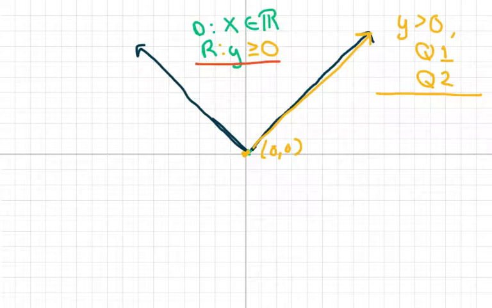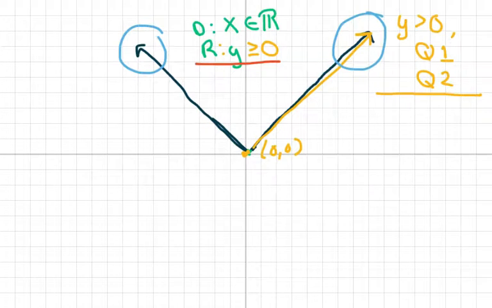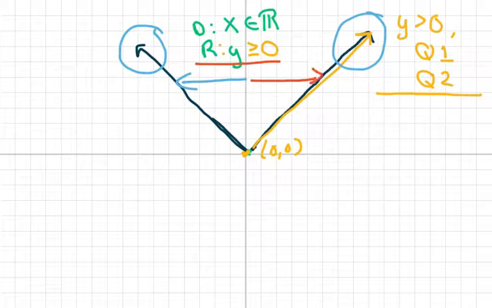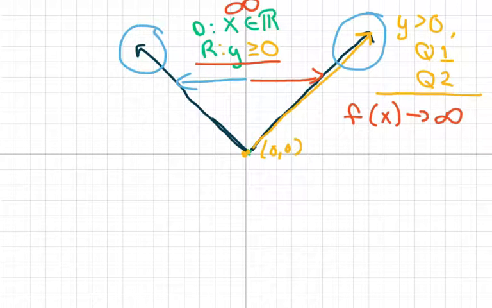All right, let's discuss the end behavior. What we're talking about is we're looking at the ends here. So we're looking this way on the x, and then this way on the x. What we're going to say on the end behavior is my y is getting bigger and bigger. As x approaches infinity, y goes to infinity.